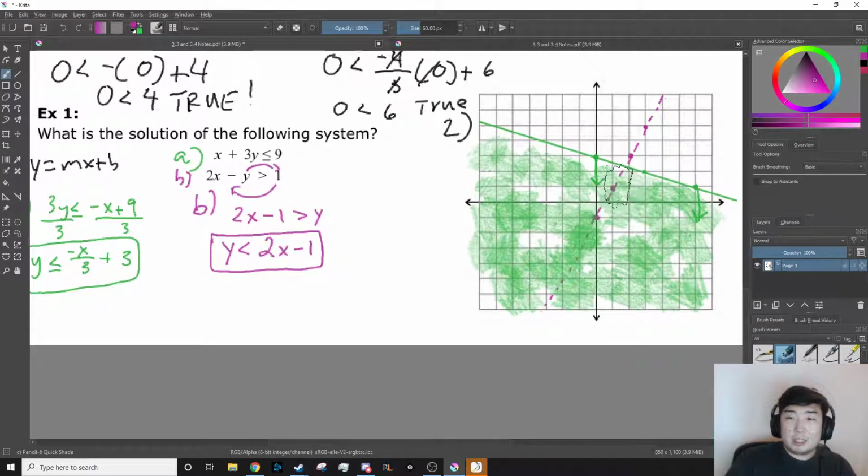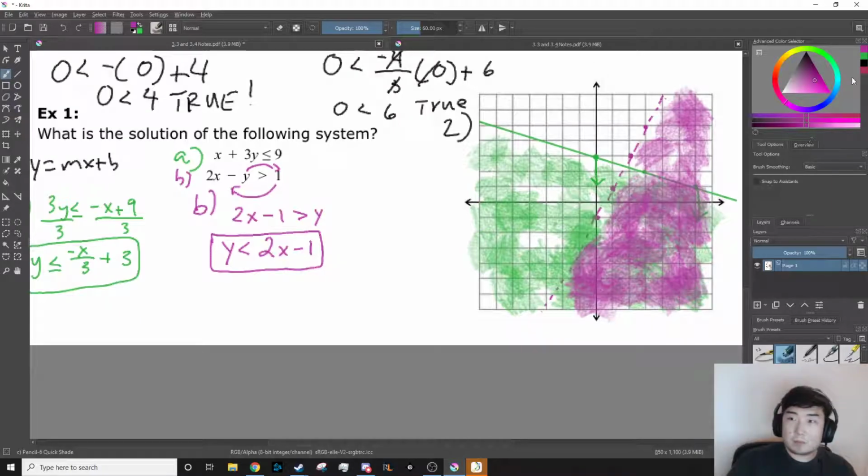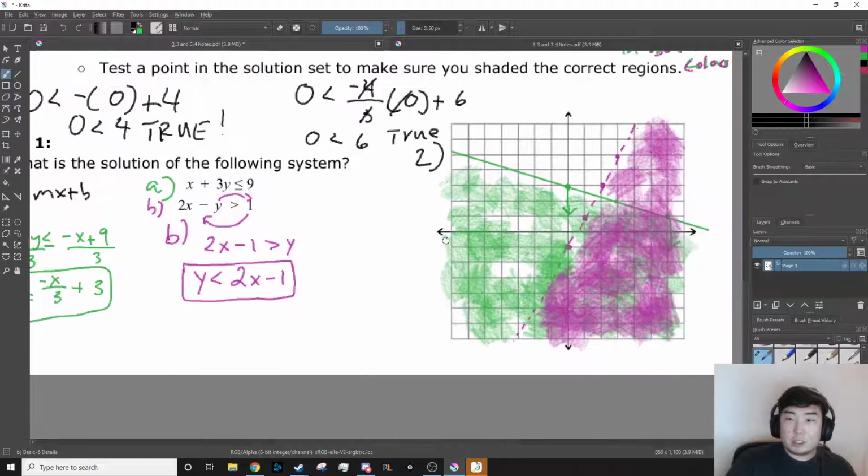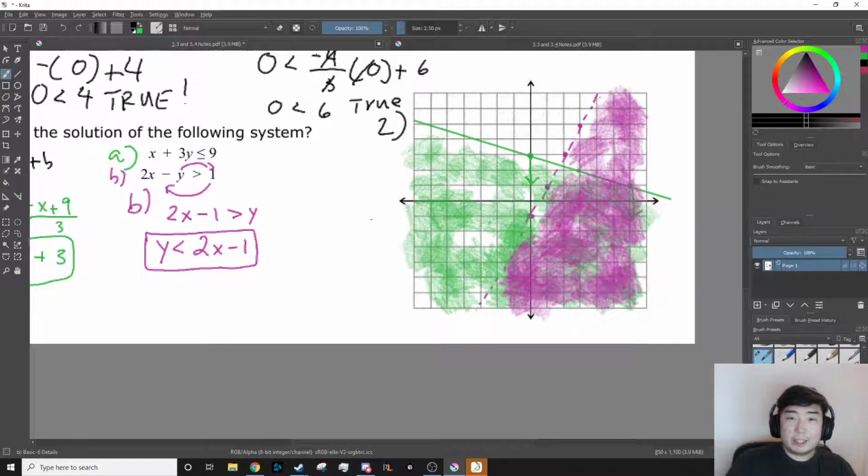My purple line, I just have to take a point and then go downwards, so I will shade all of this going downwards. So my question to you is, where does it shade both green and purple?